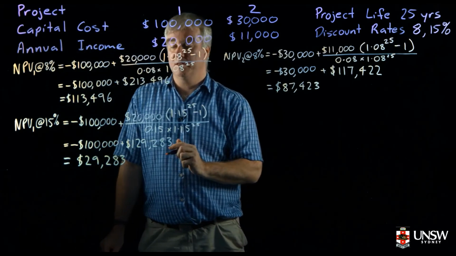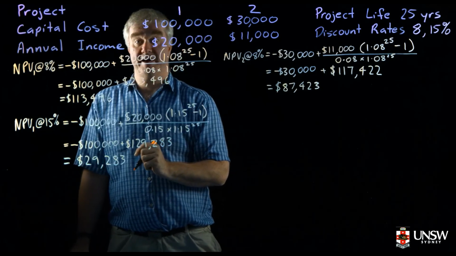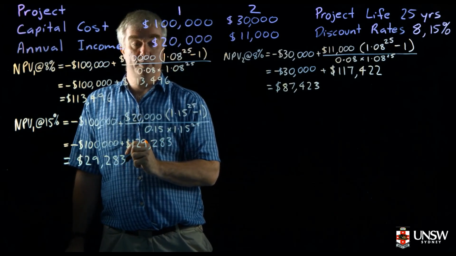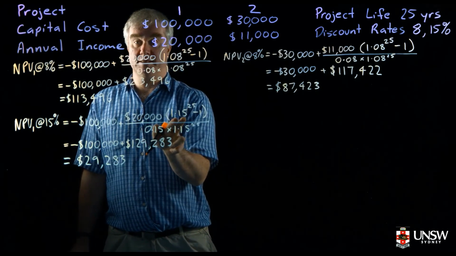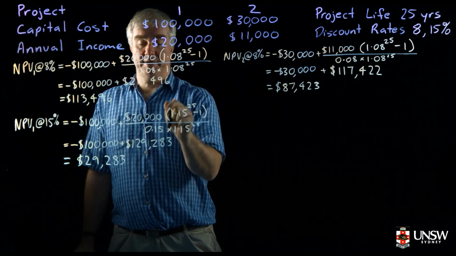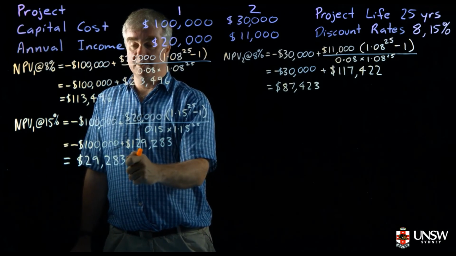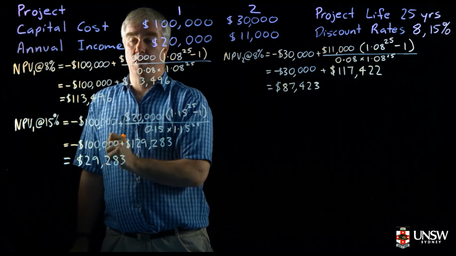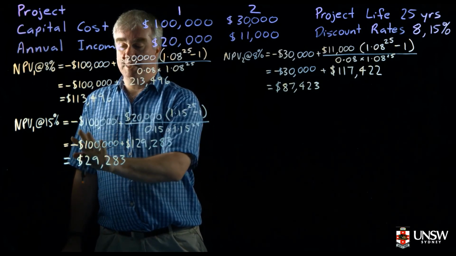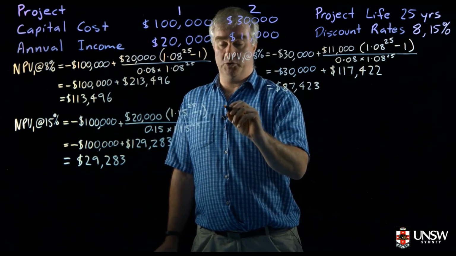Now, this number here is smaller than that number there. In fact, we expected that to happen because we knew when we used the bigger discount rate, it was going to make our future benefits worth less. So it's not surprising that this ends up being less than this. What's interesting is when we start comparing this to the result we're going to get for project 2. So let's do that.